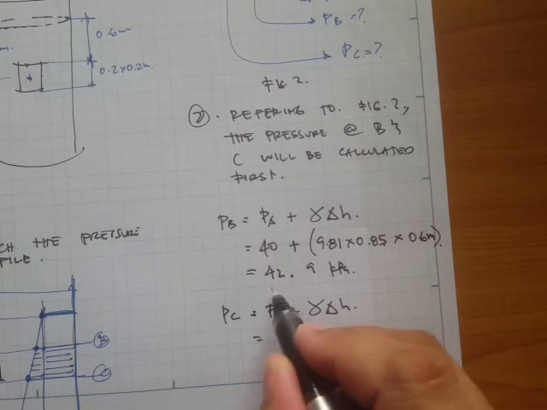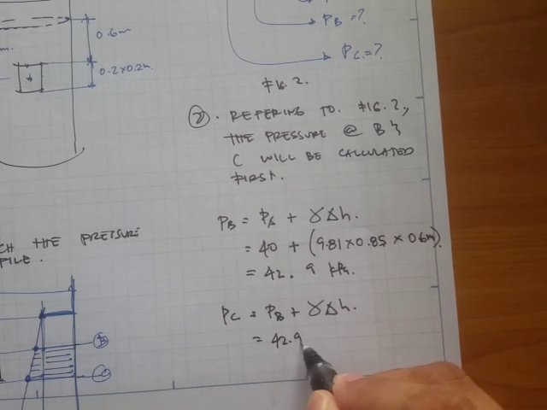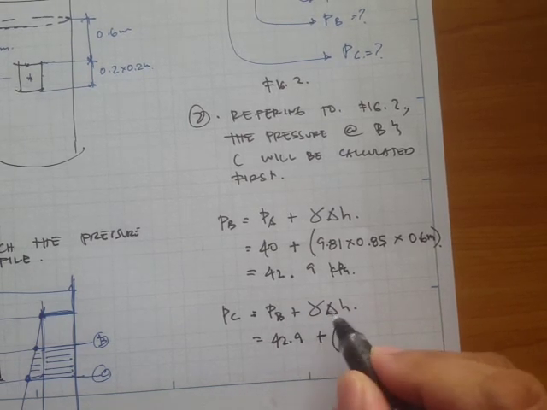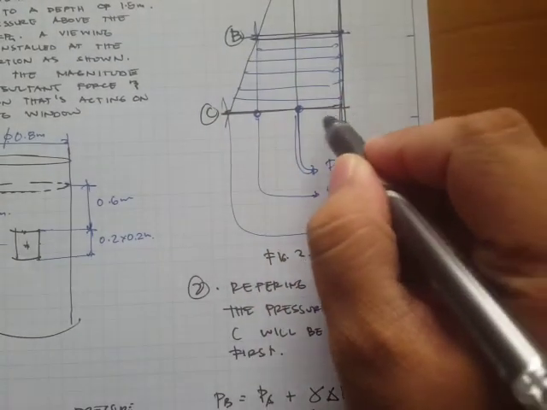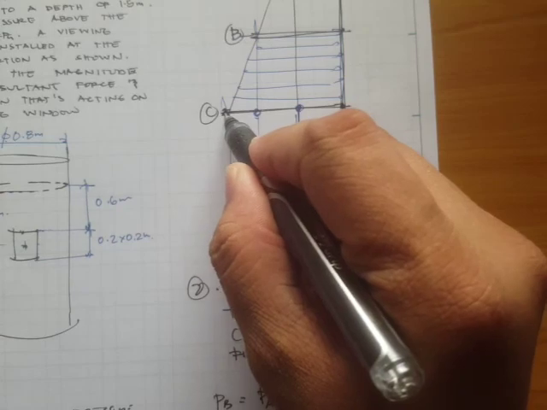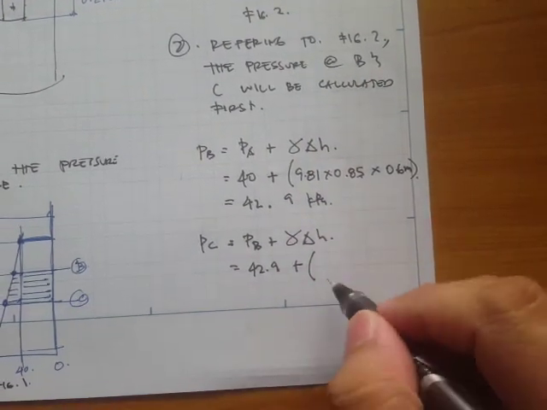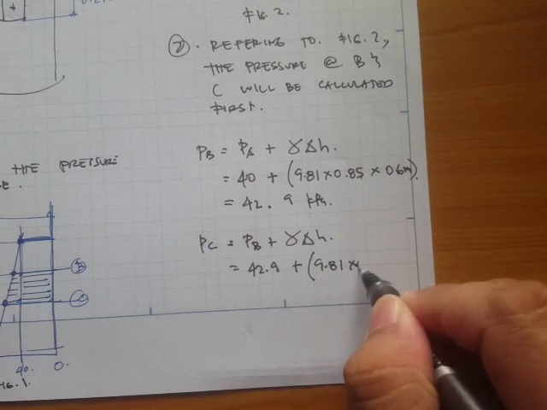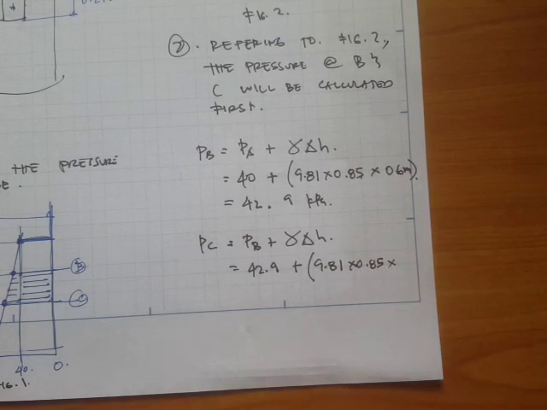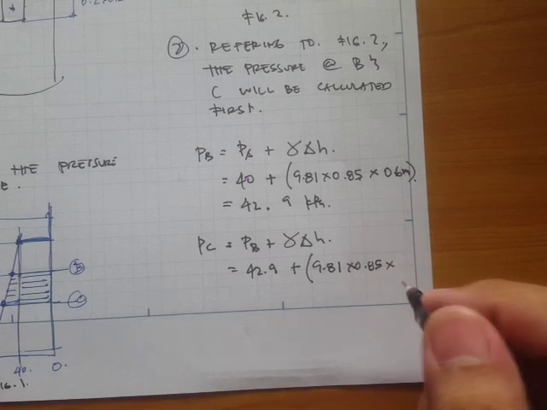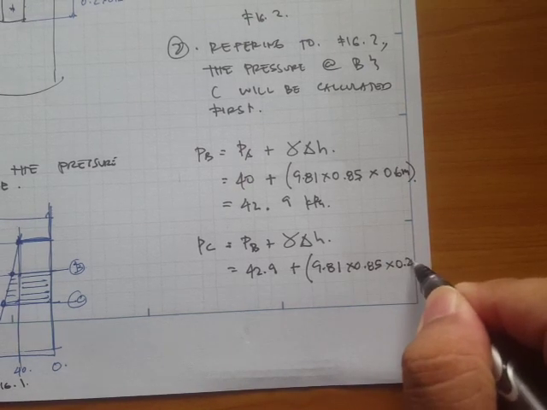So PB is 42.9 plus, okay, from this point to this, that's our P sub C. So 42.9 plus 9.81 times 0.85 times 0.2 meters.